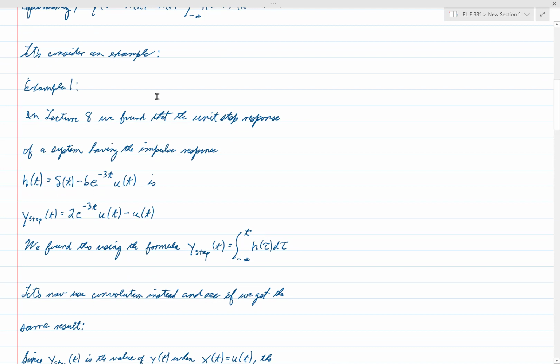So let's look at this example. If you go back to lecture 8, we found that the unit step response of a system whose impulse response is given by this, is this.